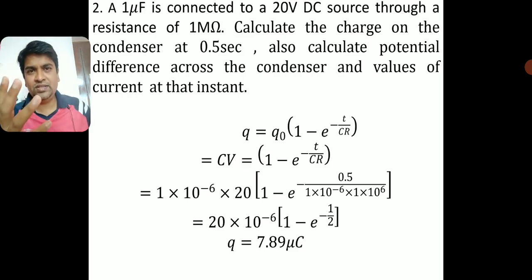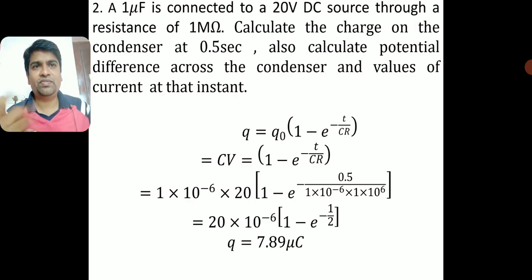So capacitance is 1 microfarad, 1 into 10 to the power of minus 6 farad, and the EMF of the battery is given, which is 20 volts, and resistance is given, which is 1 mega ohm, 1 into 10 to the power of 6 ohm. Time is given, time is 0.5 seconds.